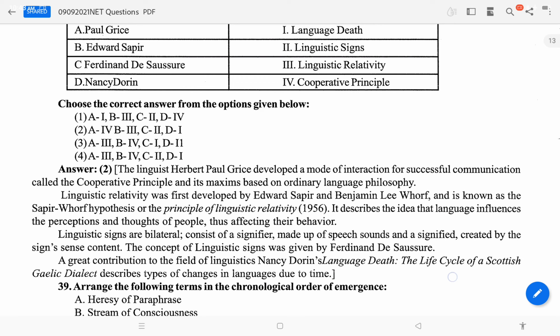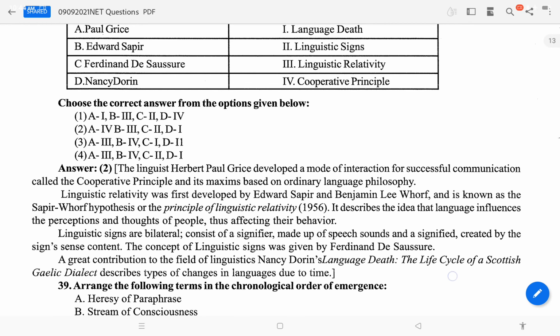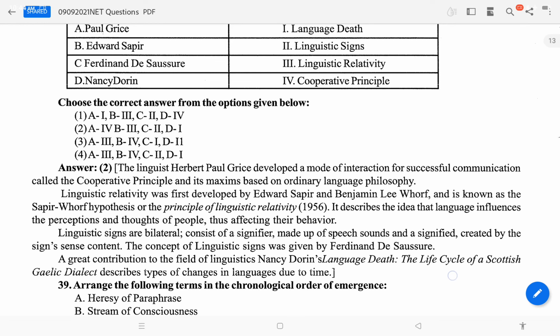Then, Ferdinand de Saussure, you know, the linguistic sign. Linguistic signs are bilateral and consist of a signifier made up of speech sound, and a signified, created by the sign's sense content. The concept of the linguistic sign was given by Ferdinand de Saussure. Then Nancy Dorian, a great contribution to the field of linguistics.